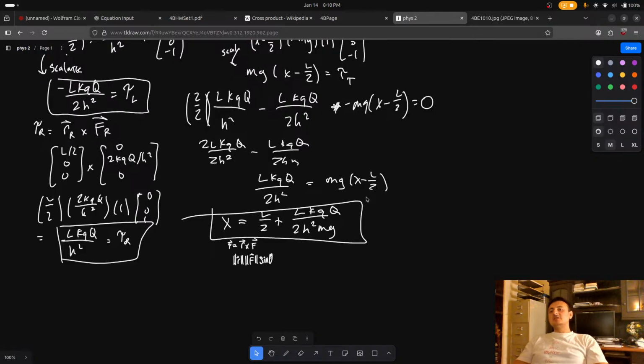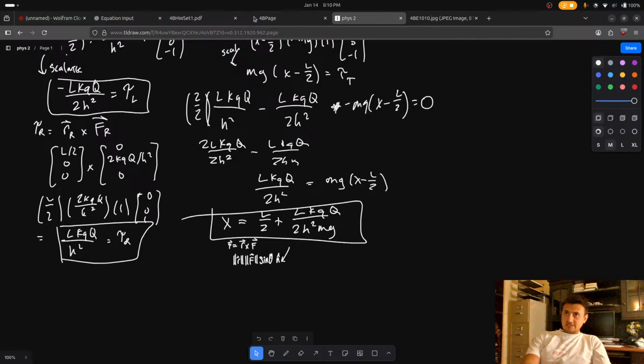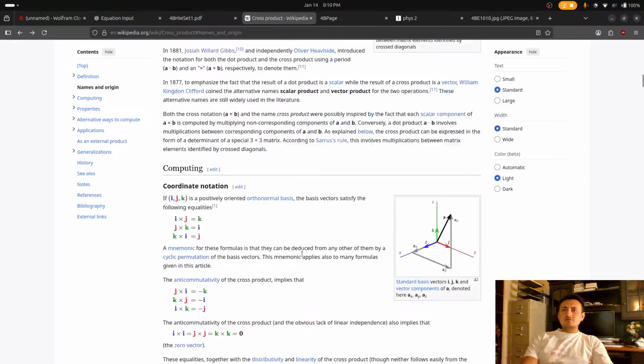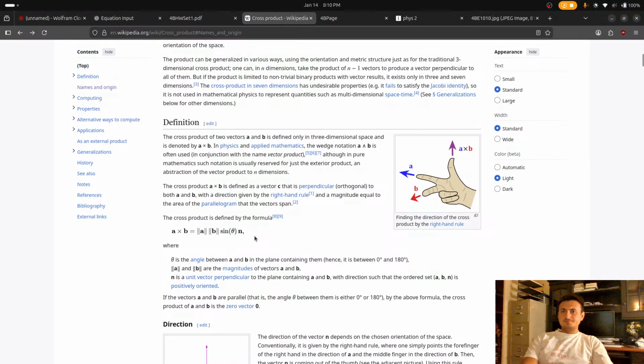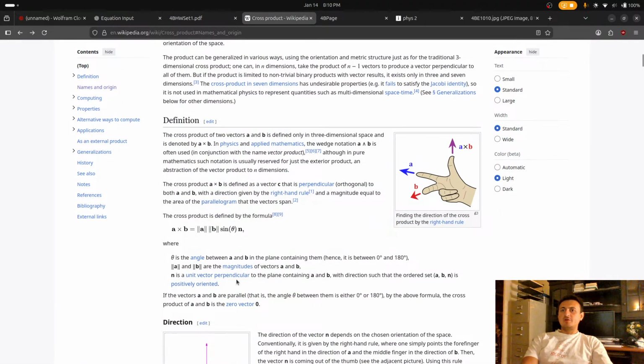It would be good to do a problem where sine theta is not 1. And then this is going to be n hat, which is the unit vector perpendicular.